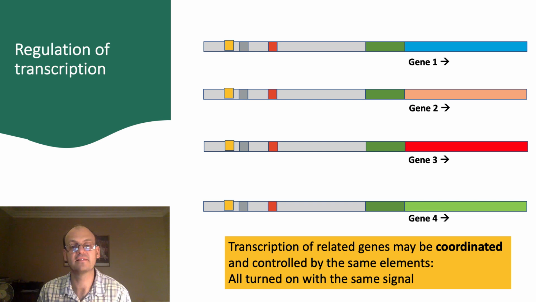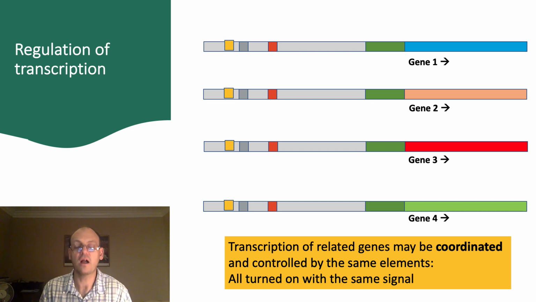In contrast to this, sometimes there's a need to coordinate the transcription of many genes which may be located on different chromosomes. This may happen when the body needs to generate a variety of responses to a single signal. In this case, a number of genes may have the same or very similar enhancers.